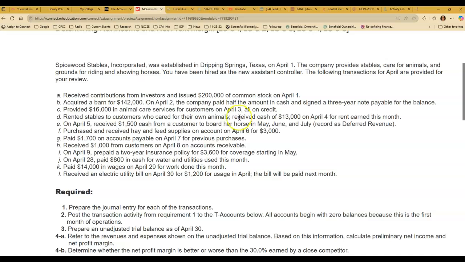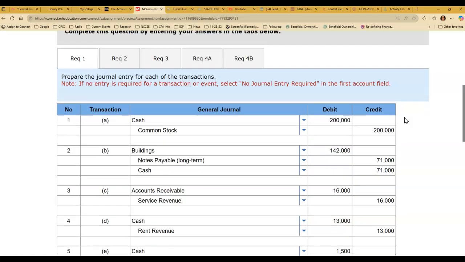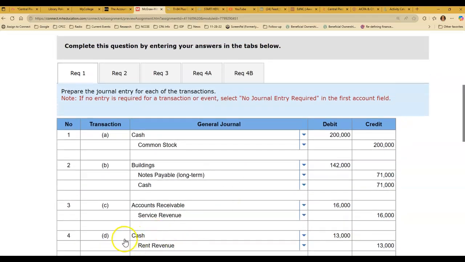Then it says we received cash of $13,000 on April 4th for rent earned this month. So in this particular case, we don't have sales or service revenue; we have rent revenue. You with me?